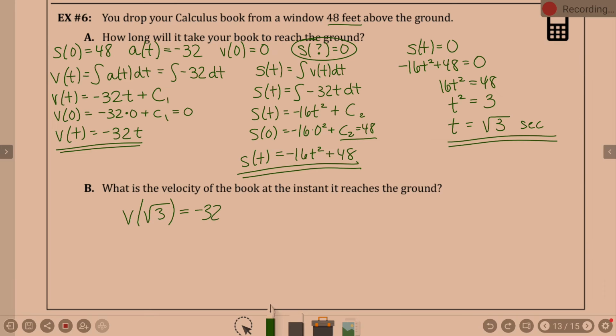Only got negative 32 square root of 3. I know that part without grabbing anything. Which is what? I've written down negative 55.426, going 3 decimal places, and that label would be feet per second.